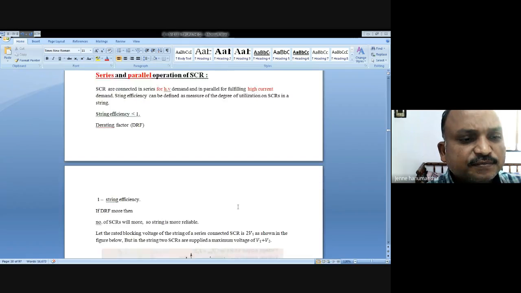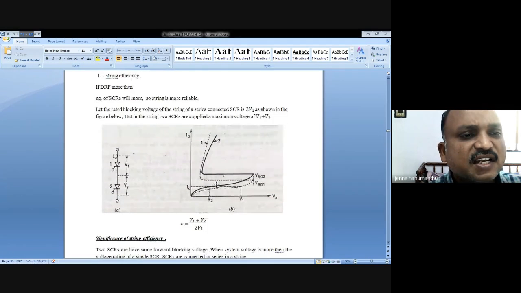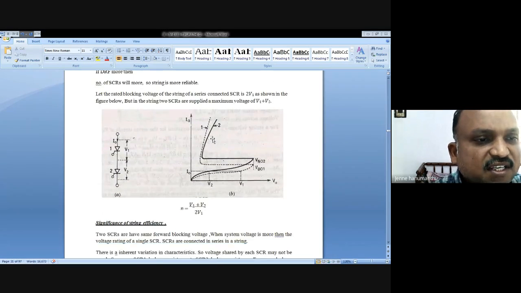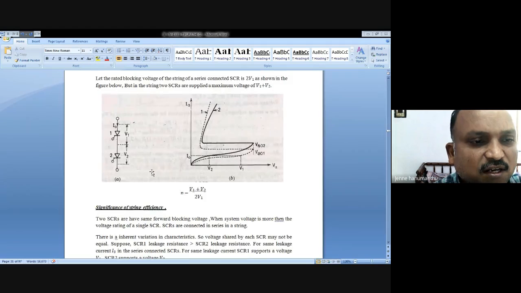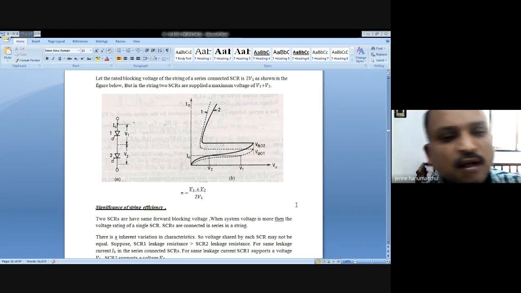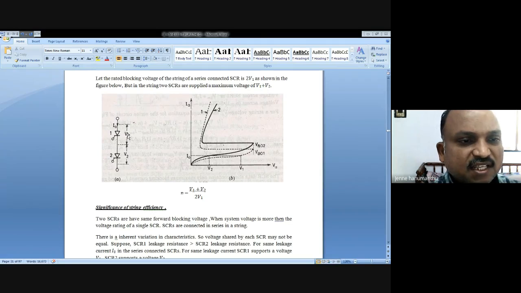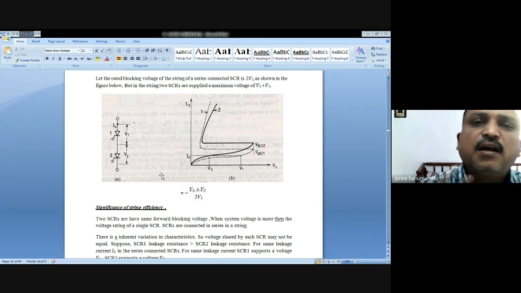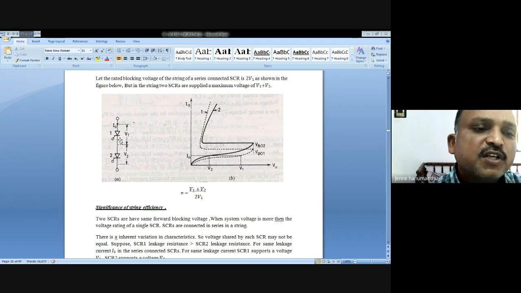See, in the series case, how do you connect these SCRs? I am choosing two SCRs here, SCR1 and SCR2. Here SCR means thyristor, so thyristor 1, say T1, and thyristor 2, say T2.